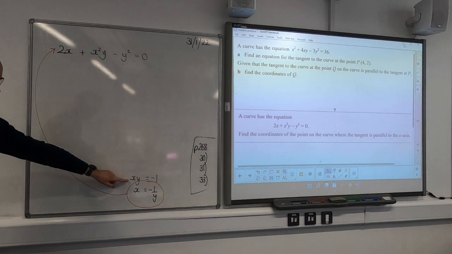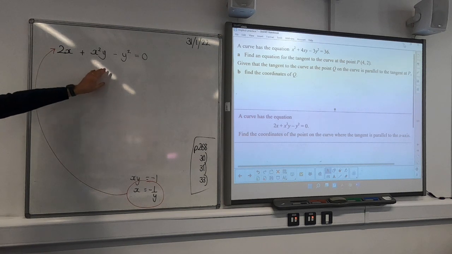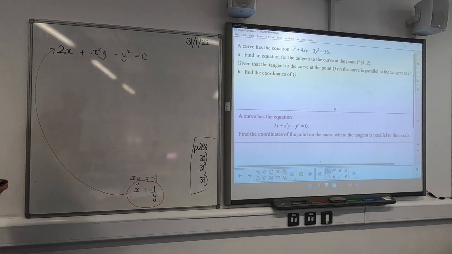I'm actually going to use xy is minus 1 as well, because that will help me when I get to this one. It's not earth-shatteringly different.